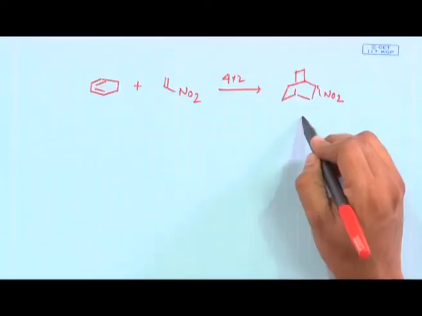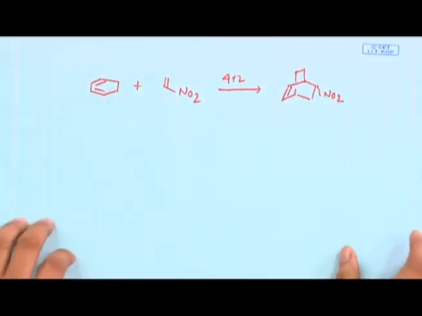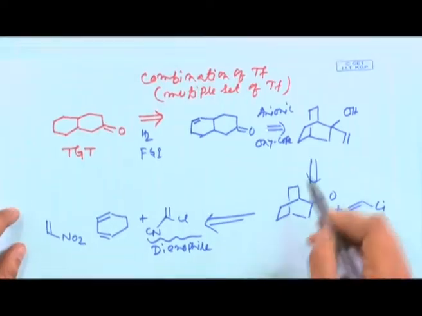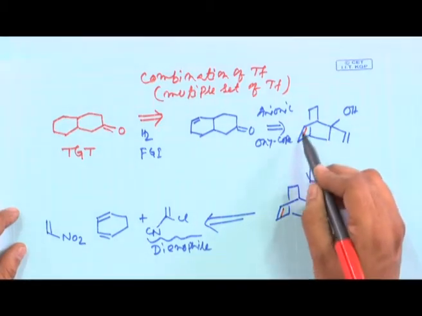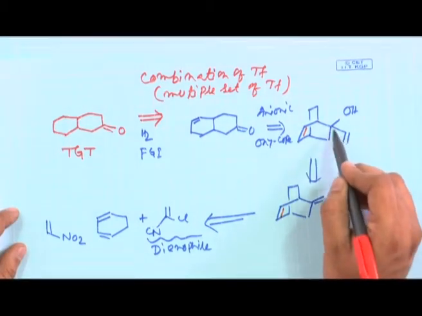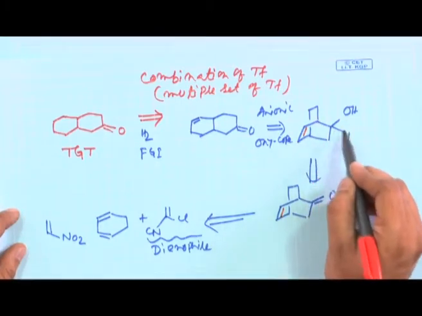So, fine. Now, you have another double bond definitely there. In all cases you will have this double bond, because you need an anionic oxy-Cope rearrangement, 1 2 3 1 2 3. So, this is the oxy-Cope network, 1 2 3 1 2 3. So, everywhere you have this double bond, fine.